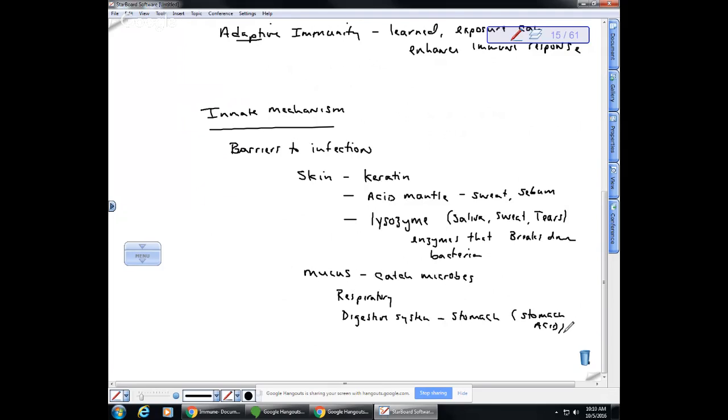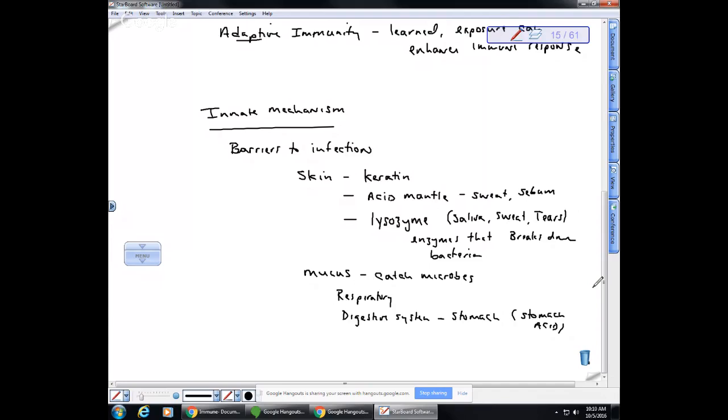There are little glands in the epithelial tissue that produce stomach acid, which is what type of acid, does anybody know? It's a really strong acid, it's hydrochloric acid. So hydrochloric acid, HCl, is the stomach acid. Okay, so those are just some examples of barriers to infection.